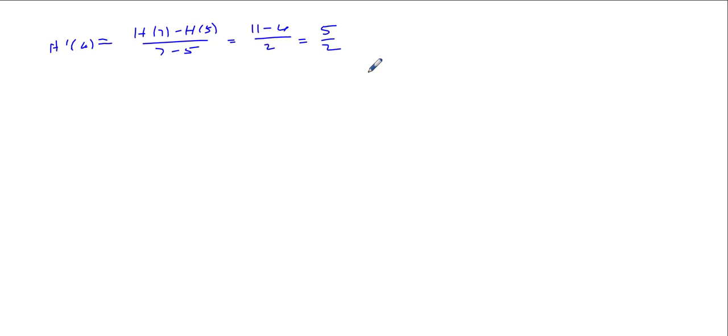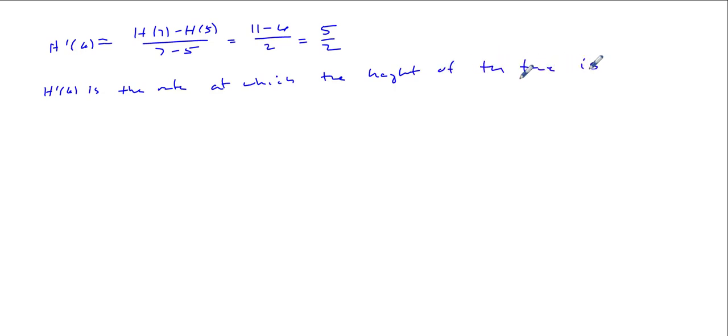The rate at which the height of the tree is changing in meters per year at t equals 6 years. Okay, h prime of 6 is the rate at which the height of the tree is changing in meters per year at t equals 6 years.